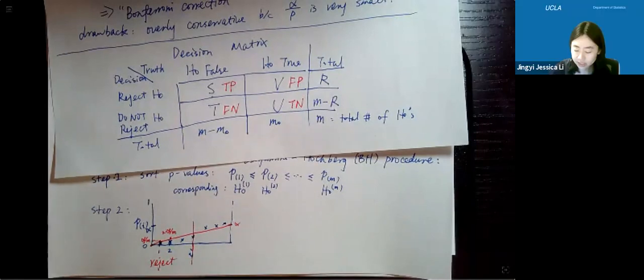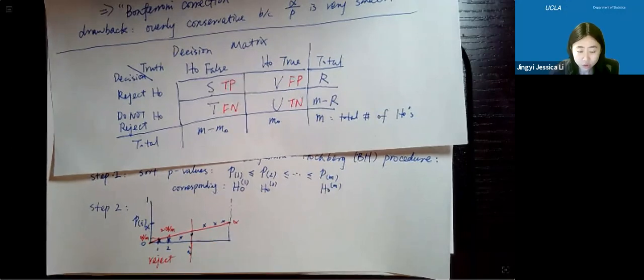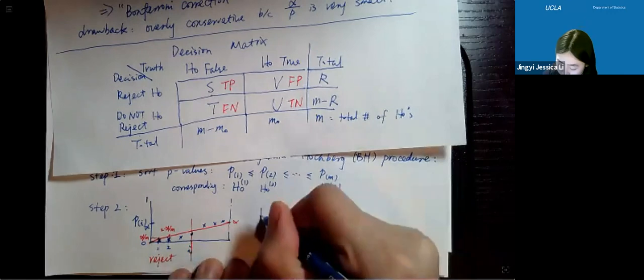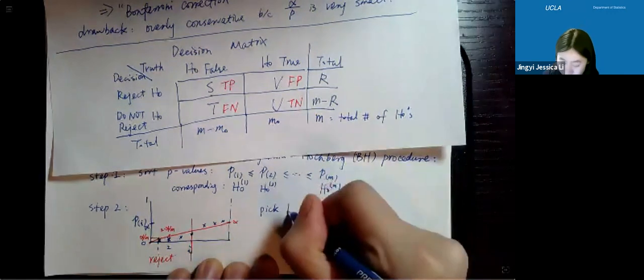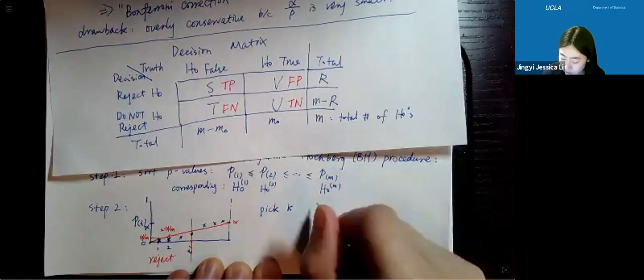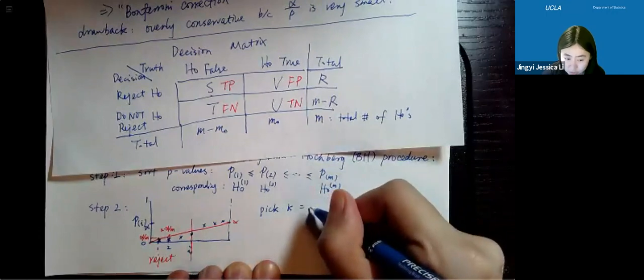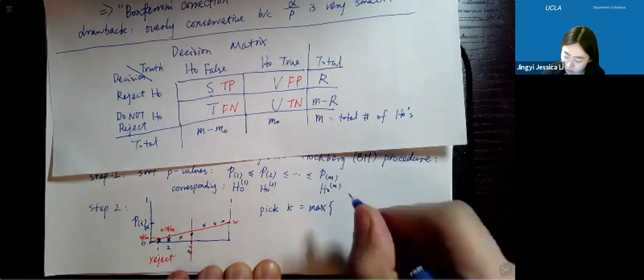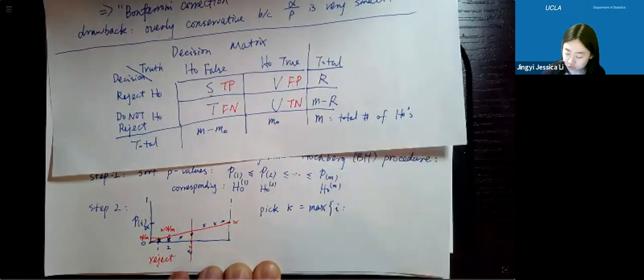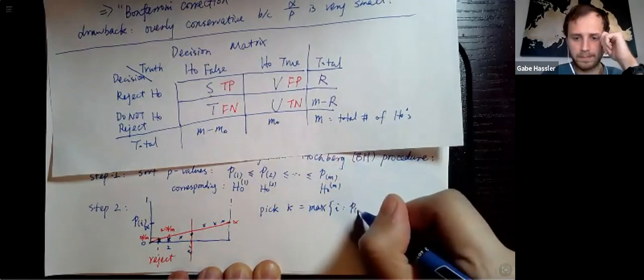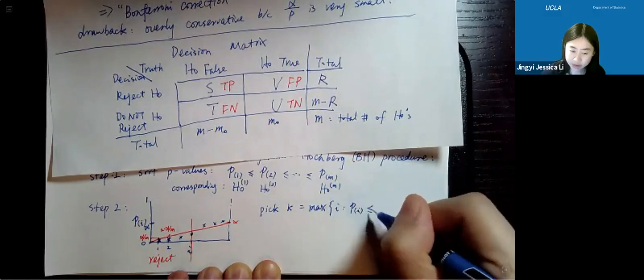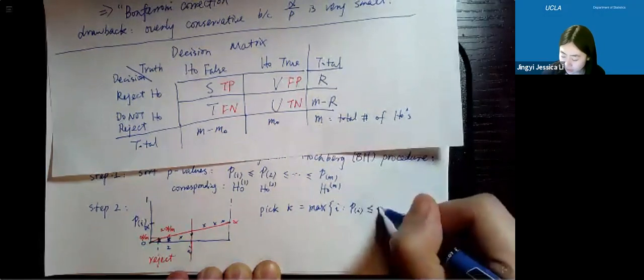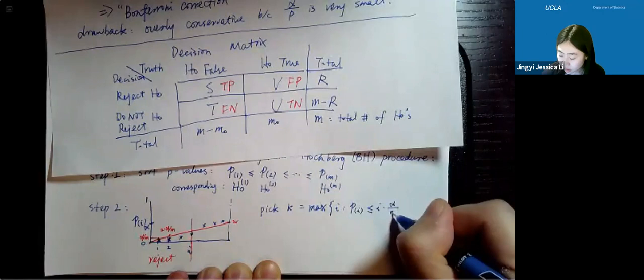And what does this mean mathematically? We can say that we pick k as the maximum of the i's such that the i-th sorted p-value is less than or equal to i times alpha over m.